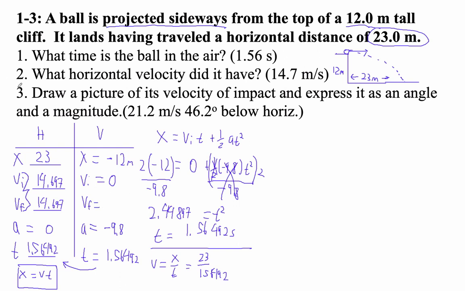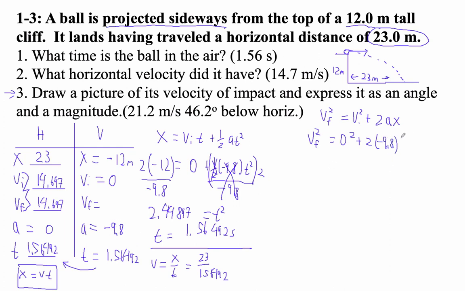I'll need that for this part 3. You'll see. So the final vertical velocity, I think the thing to use is VF squared is VI squared plus 2AX. So VF squared is 0 squared plus 2 times, and this direction here is negative 9.8.